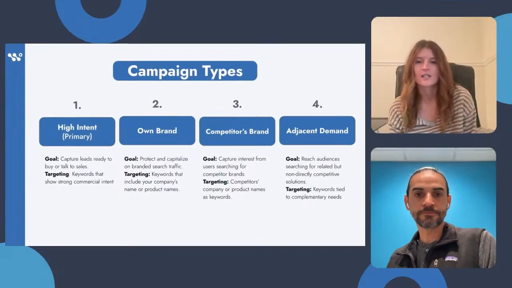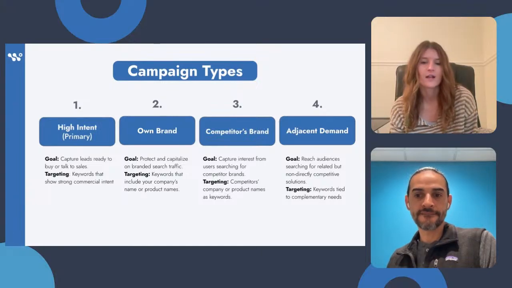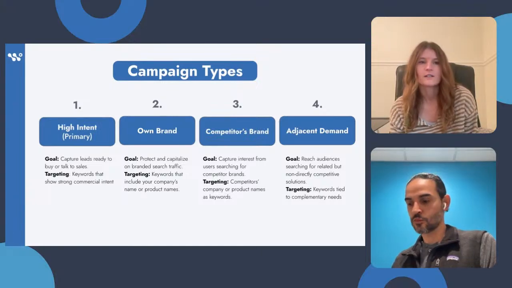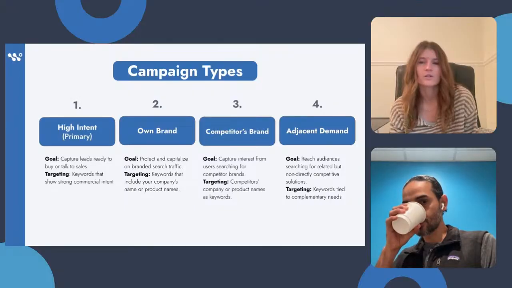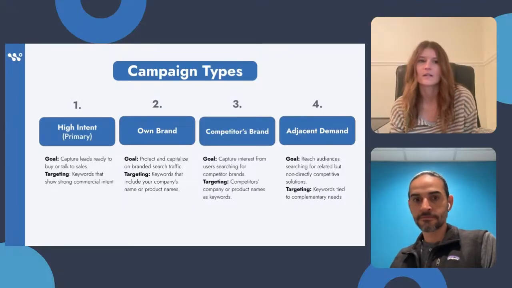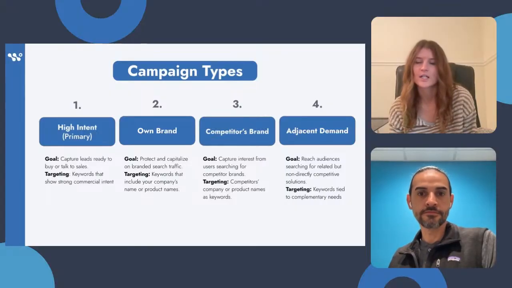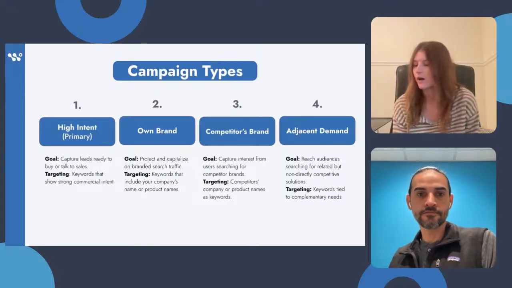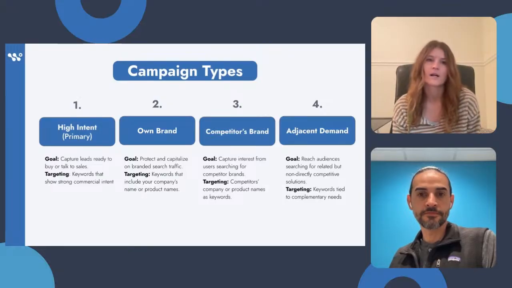We use SEMrush a lot, or even just the keyword planner inside of Google to really put together a good list of keywords, but also think of it a little bit as a testing ground when you're first launching, and that's where the optimizations that we'll talk about come into play.